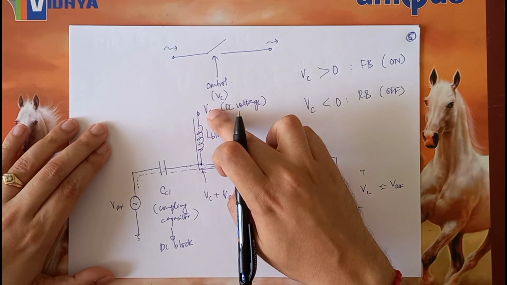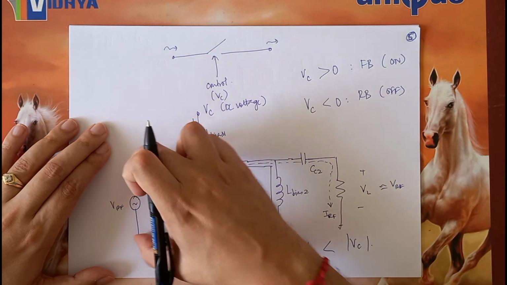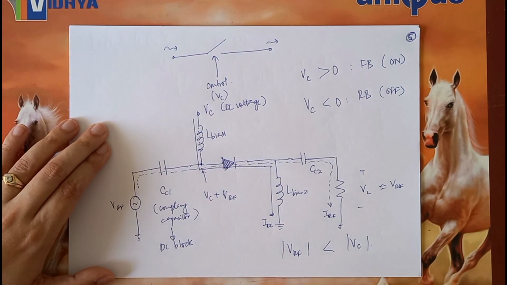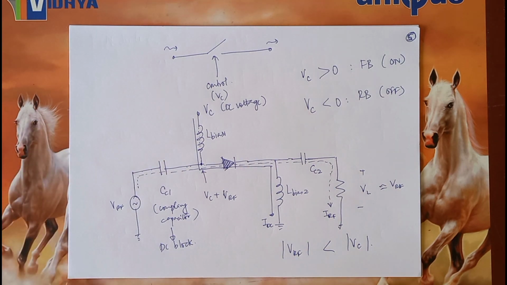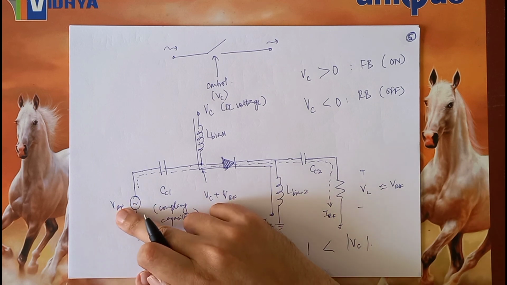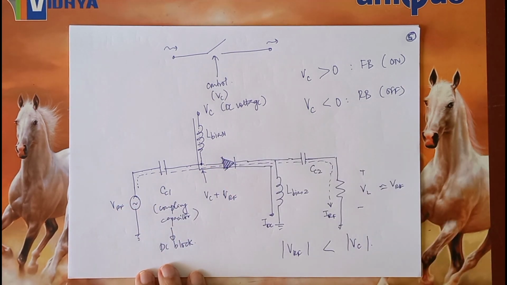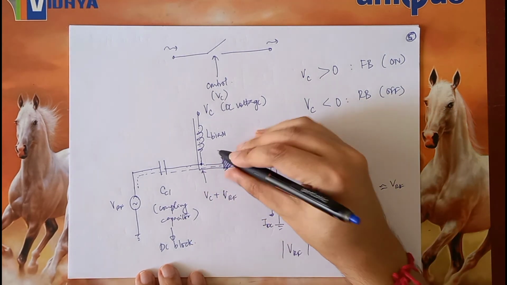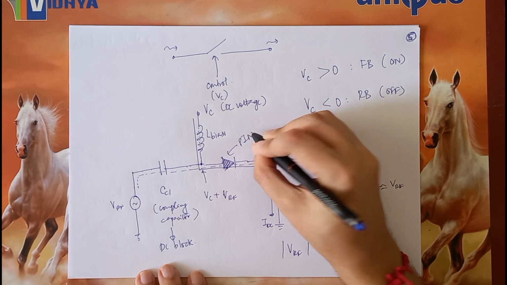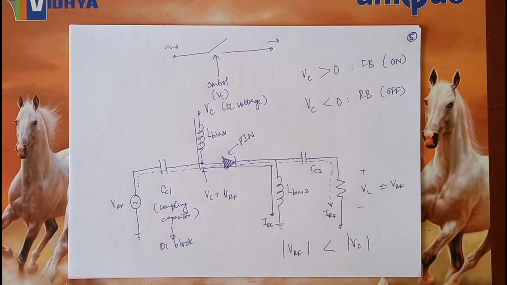And when the VC is off, that is when the diode is in reverse bias, no part of this should be able to come over here. So therefore, by keeping the RF voltage small, we are not letting the reverse recovery time of this diode play a role in the reverse bias. Secondly, this PIN diode we have designed in such a way that its depletion region is much larger.